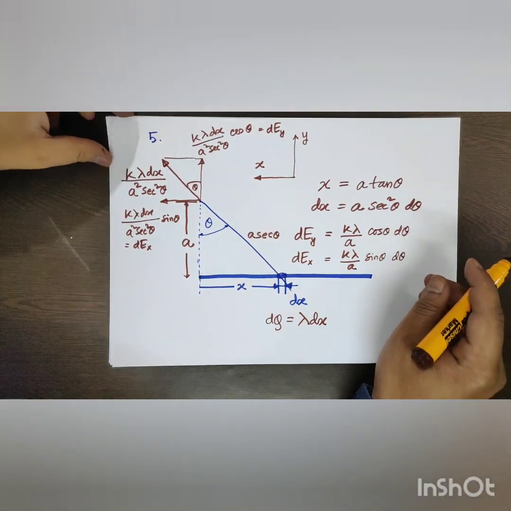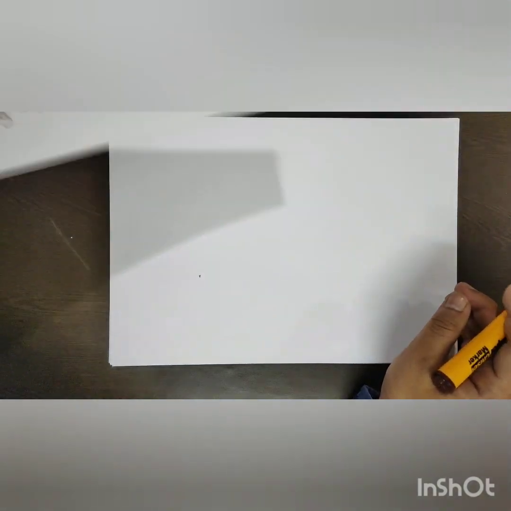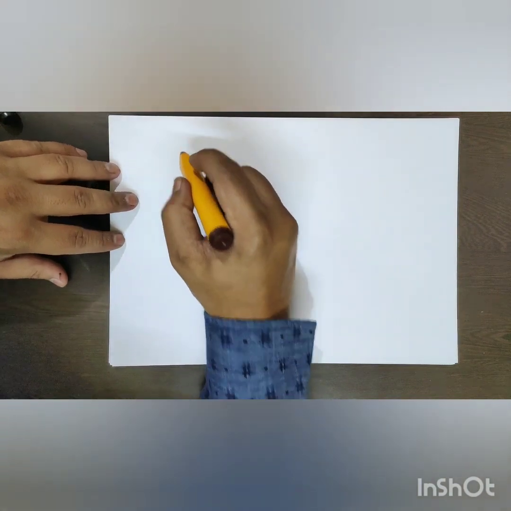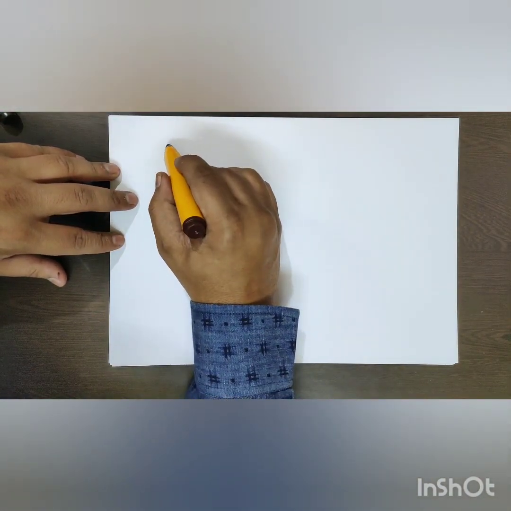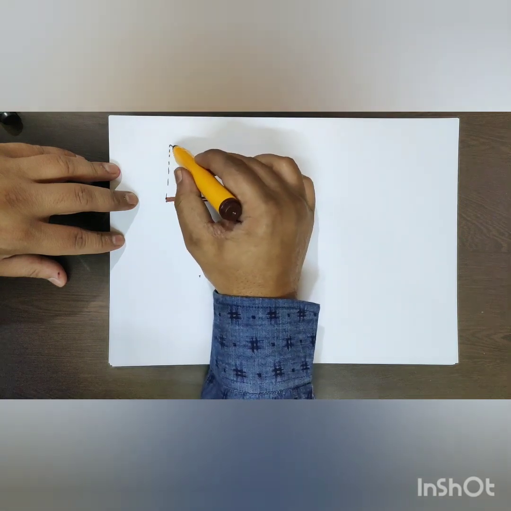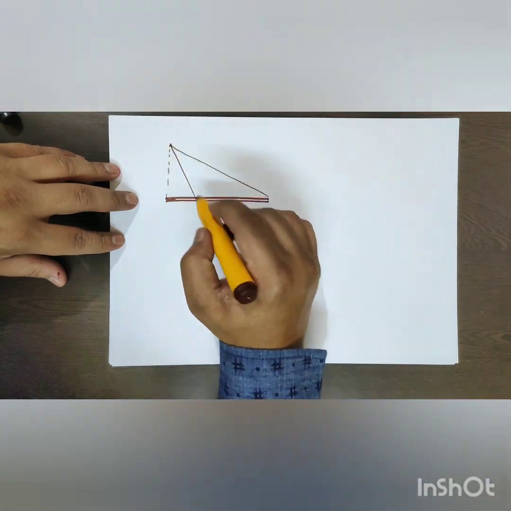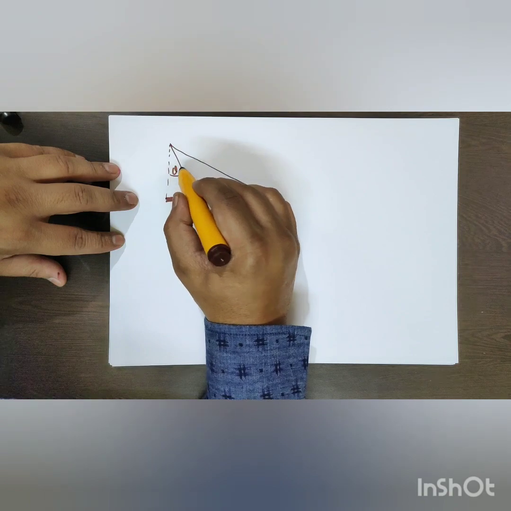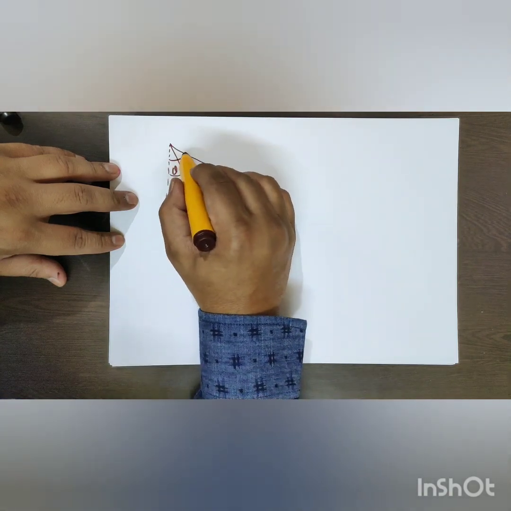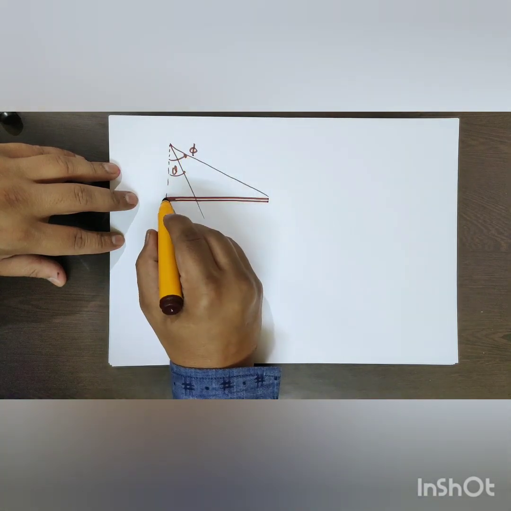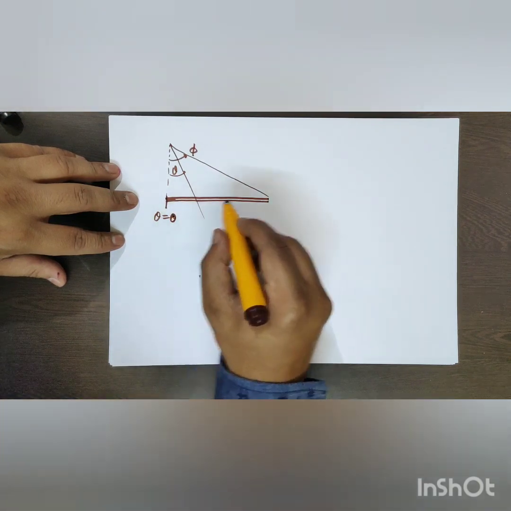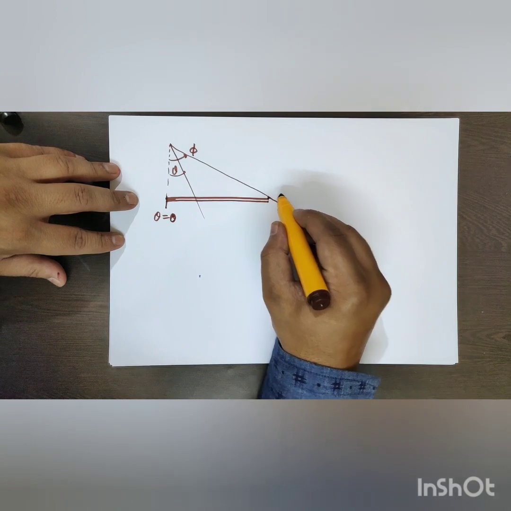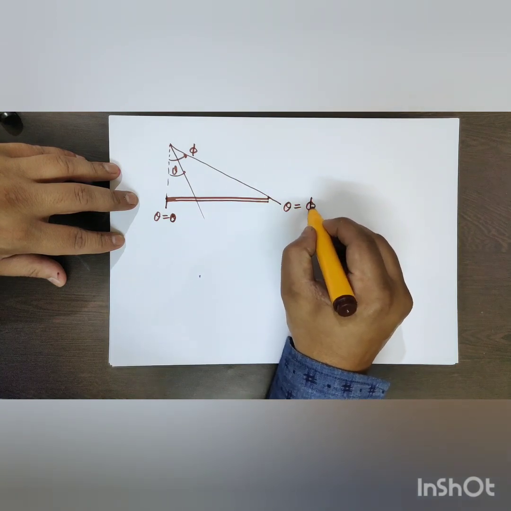Okay, so what will be Ey? This was the diagram. There you have theta, and this whole angle is phi. So this is theta equal to 0, and this line corresponds to theta equal to phi.